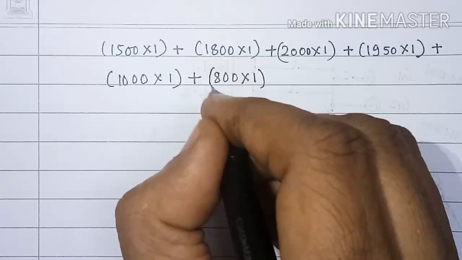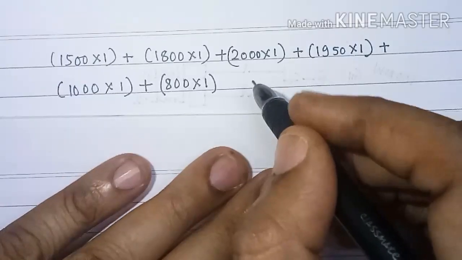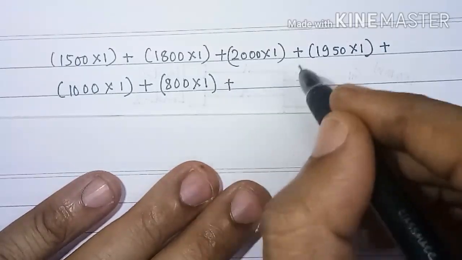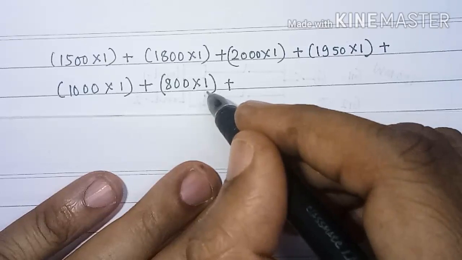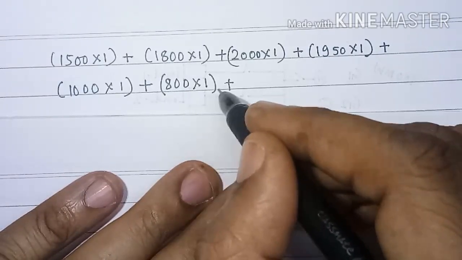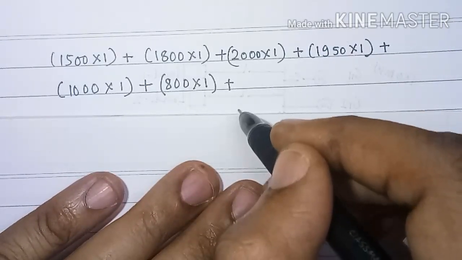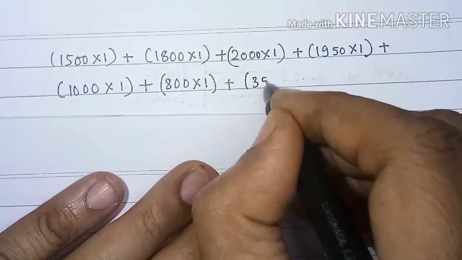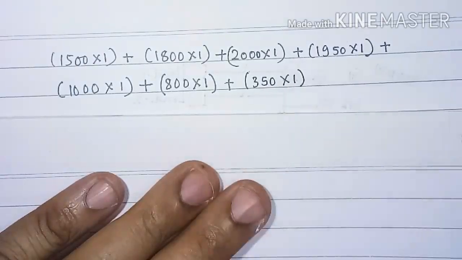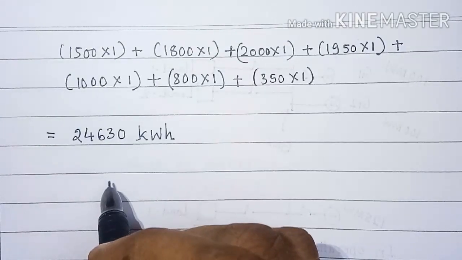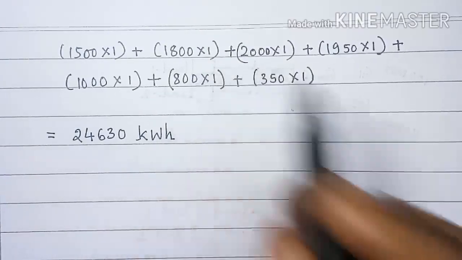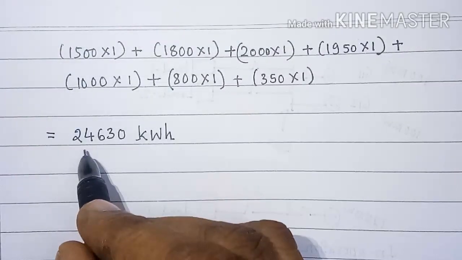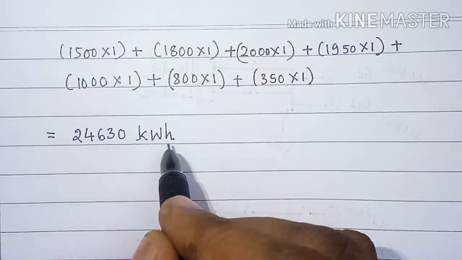This is the last load. For 4 to 5 a.m. I have forgotten to write. I came to know that after counting there are only 23 brackets. Actually there should be 24 brackets and the missing one is 350 into 1. If we compute the products above and then add all of those, we get the energy as 24630 kilowatt hour.